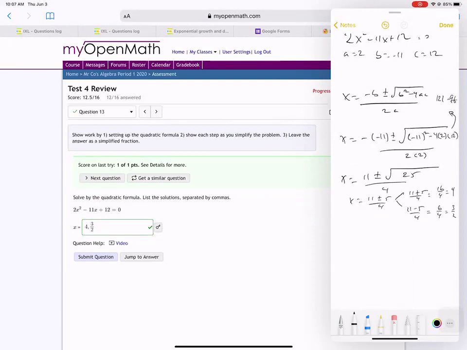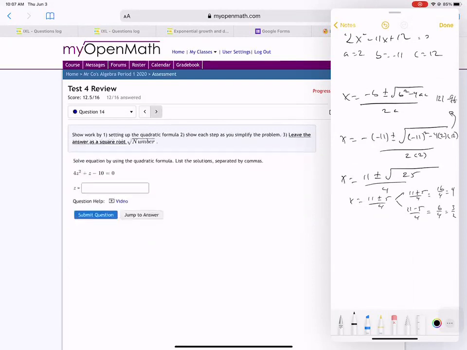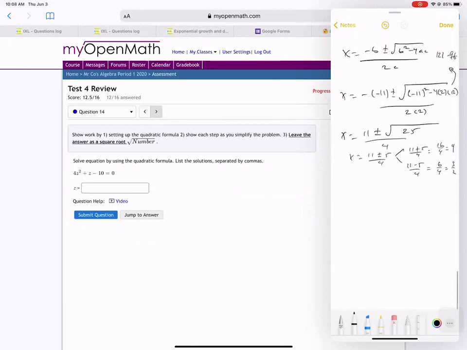Now, the next couple questions will actually be quadratic formula questions, except in this one, if you look at the work, it says leave the answer as a square root. So I don't need you to use a calculator to give me the decimal on this problem. x equals negative b plus and minus square root. So 4z squared plus z minus 10 is equal to 0.